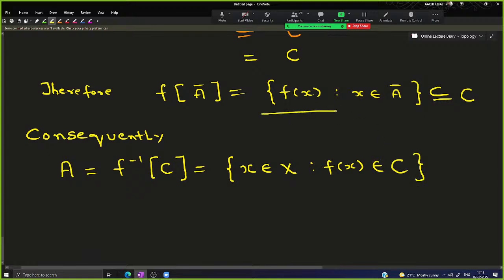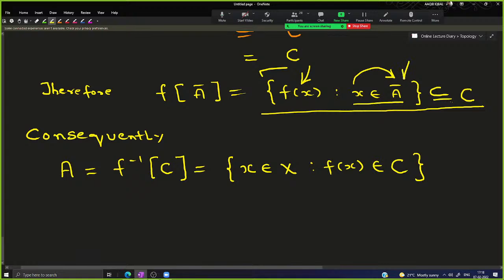अब इसे यूज करिए इसमें. यहाँ क्या देख रहे हैं आप? यहाँ आप देख रहे हैं कि the set of f images of elements of A closure is a subset of C. So that means f images of elements of A closure are elements of C. So that means this set, which set?